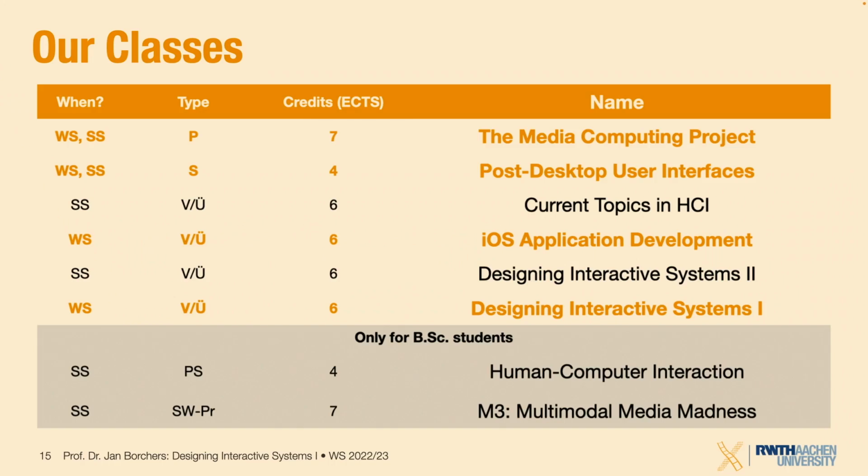We have Media Madness and Human Interaction, a software practicum, and a pro-seminar that we offer in the undergraduate education. And then we've got Design Interactive Systems 1, which is the foundational class that we recommend to everybody who wants to get into interface design, usability, human-computer interaction, this kind of stuff.